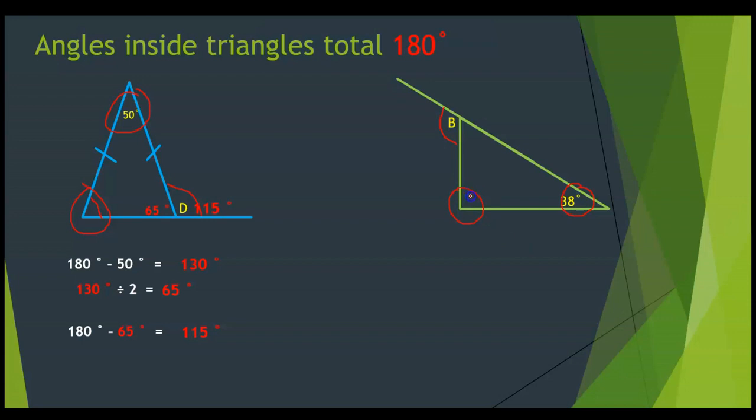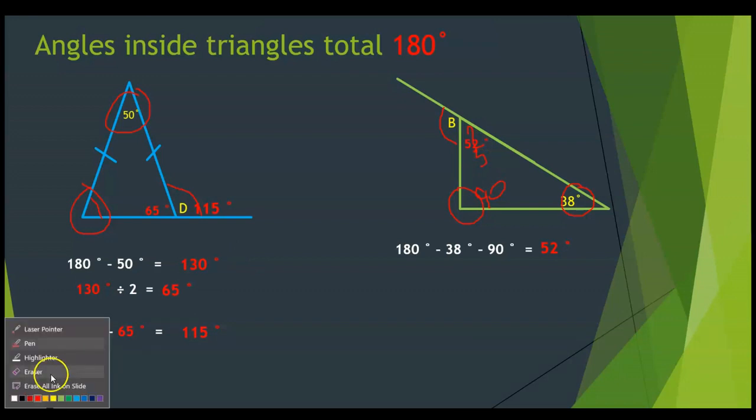We know that this is 90 degrees and this is 38. So you can calculate the third angle of the triangle by subtracting both angles from 180, which means 52. So this angle inside the triangle is 52 degrees. So if this angle is 52 degrees, then we can calculate angle B by 180 minus the 52.